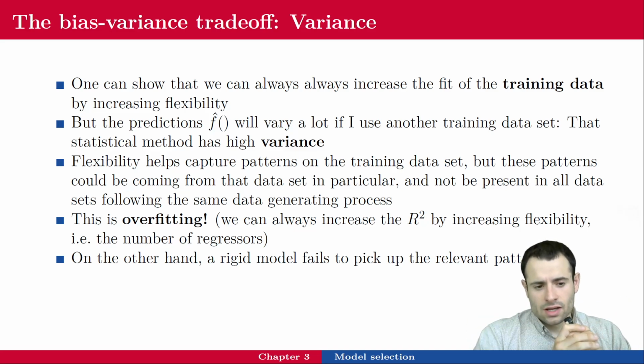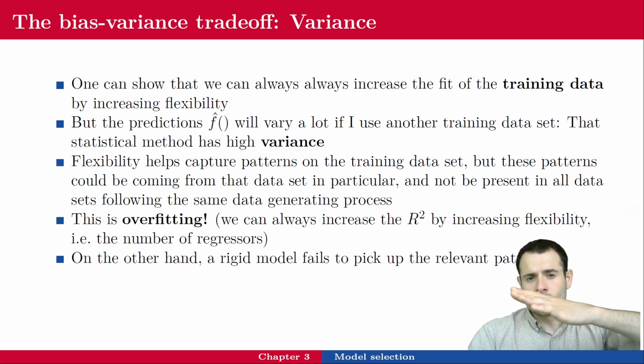On the other hand, a rigid model fails to pick up the relevant patterns. In the previous lecture about linear model extensions, I talked about the first assumption, linearity. That could be a problem if the actual data doesn't look very linear. If you remember, I fit a straight line through some data that doesn't look linear at all.